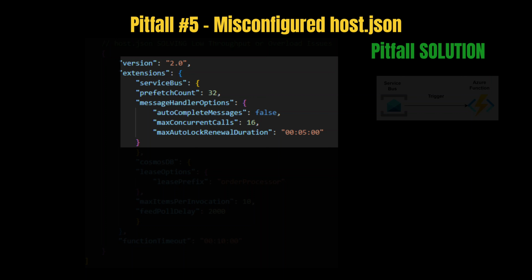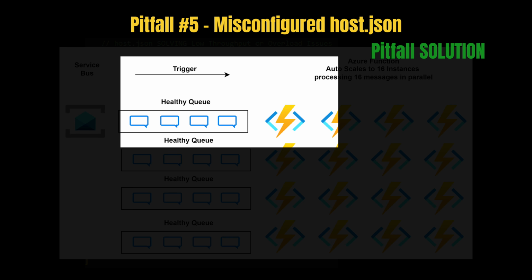So before the function starts processing, there are already 32 messages prefetched and ready for the Azure function to process. And each function instance can be scaled to 16 instances so that 16 messages from the Service Bus can be processed at once.